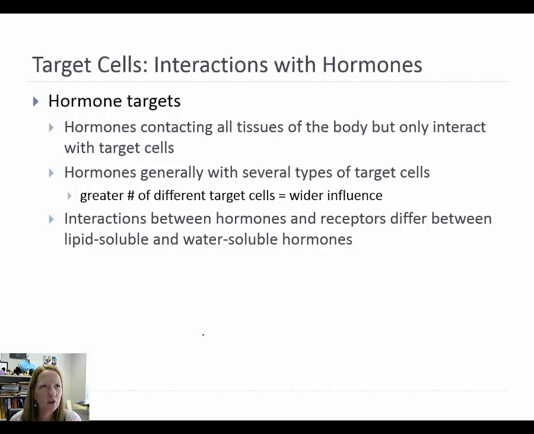You have other hormones like growth hormone and insulin that can interact with several different types of tissues. When a hormone has a lot of different tissues and target cells, it's going to have a wider influence over the body. And of course, we'll get into that later when we talk about the effects of prolactin and growth hormone and things like that.